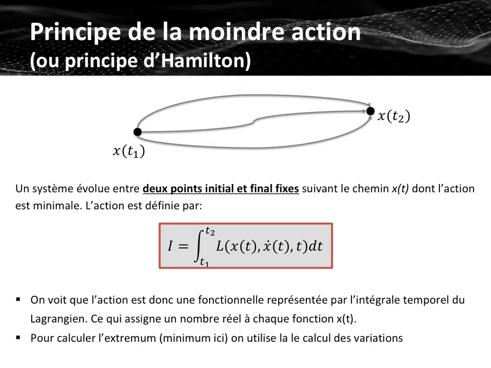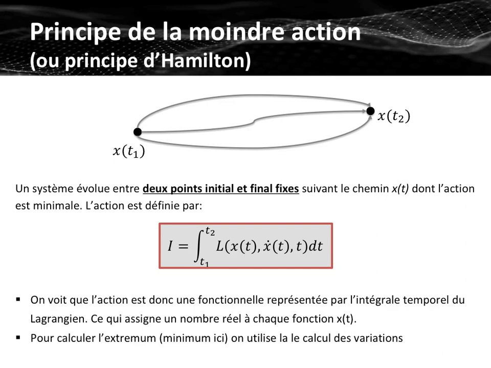It says that when a system evolves between two fixed points in space-time, an initial point and a final point, it follows a function x of t between these two points, but the action must be minimal.